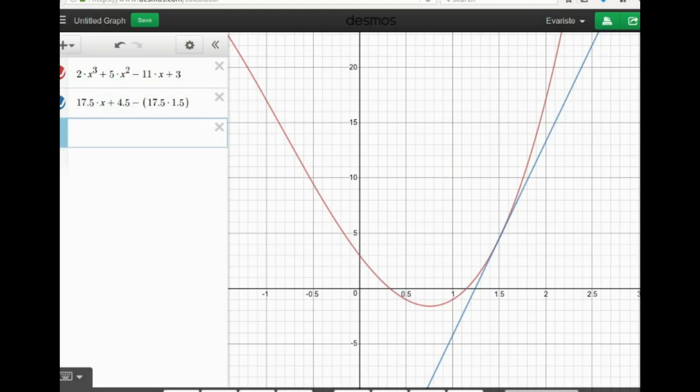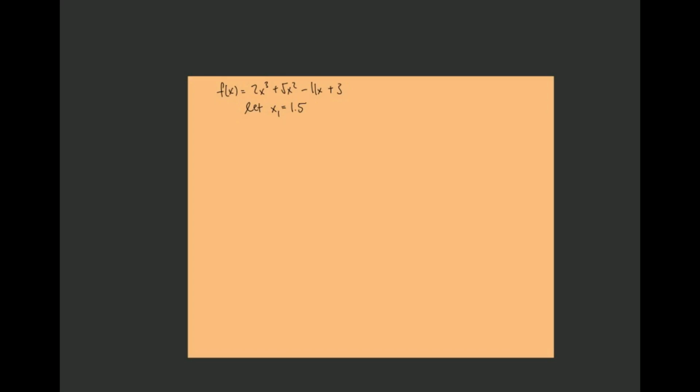So here we go. Let x1 be 1.5, and then f of x1, we just put the number in the equation, happens to be 4.5. And f prime of x, we need to find out what that is, so we differentiate f of x, and then again plug in x1, so we get a function value. This is 17.5.